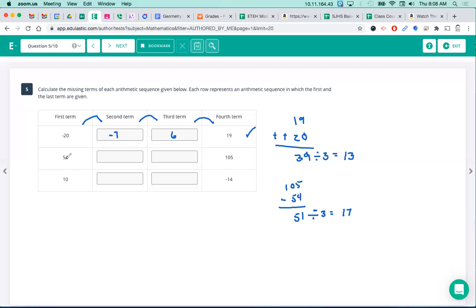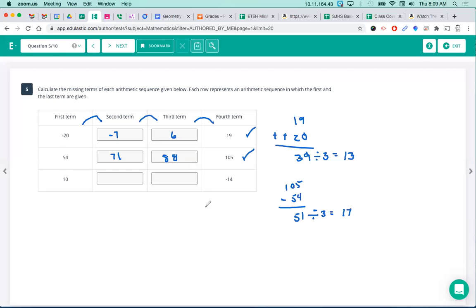So if I keep adding 17, 54 plus 17 is 71. 71 plus 17 is 88. 88 plus 17 is 105.